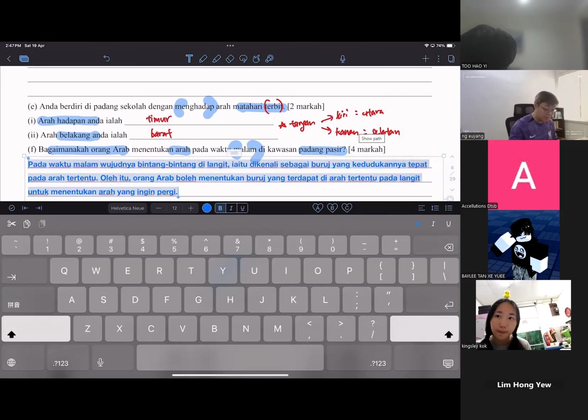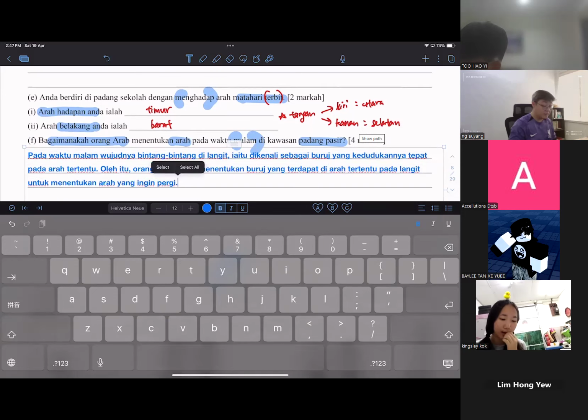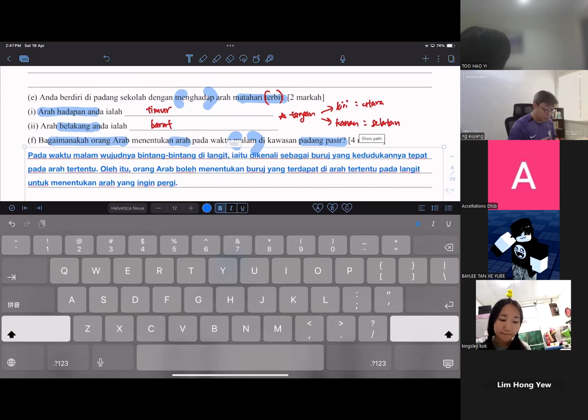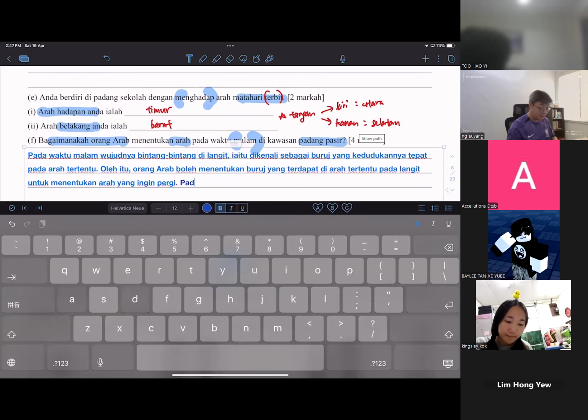So this is your 2 marks only, guys, because this is usually the traditional people. So 2 marks here because we wanted to add on another info, which is pada zaman sekarang, which means zaman modern.